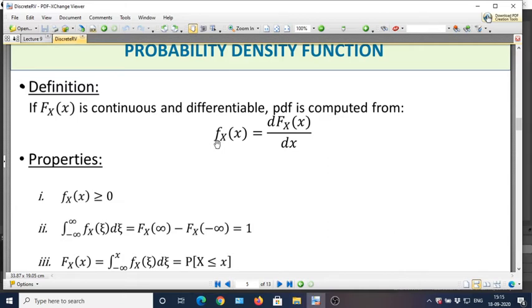So that is read as small f of capital X of the value x is nothing but d by dx of the CDF, or the probability distribution function, Fx of x. This is defined only over the interval where Fx of x is continuous and differentiable. At those points where there is a discontinuity, we cannot define the density function.